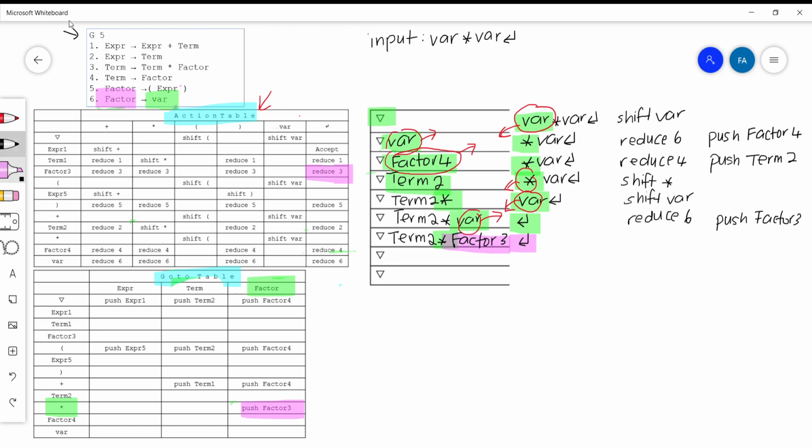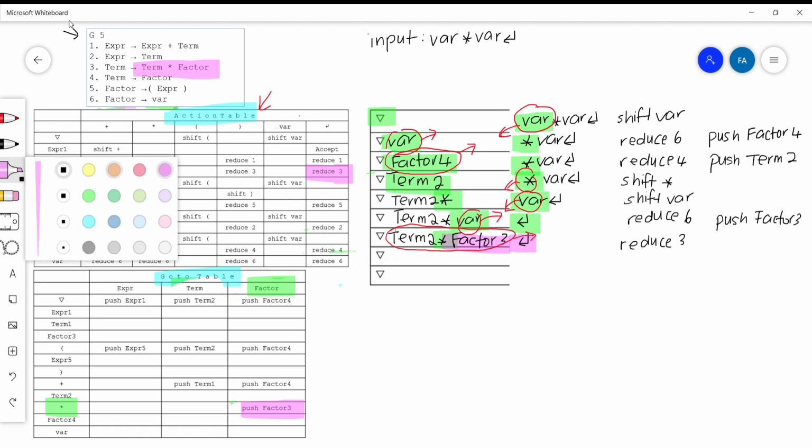So I will write reduce 3 here. What this means is we need to look at rule 3 in grammar 5, and on the right side of rule 3 is term times factor. What this means is this whole thing needs to be popped out or removed from on top of our stack.